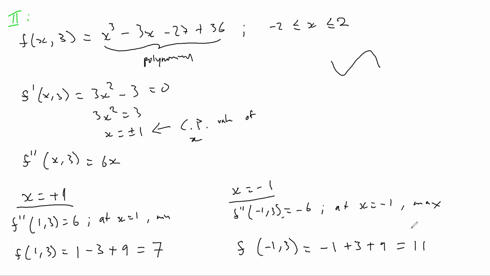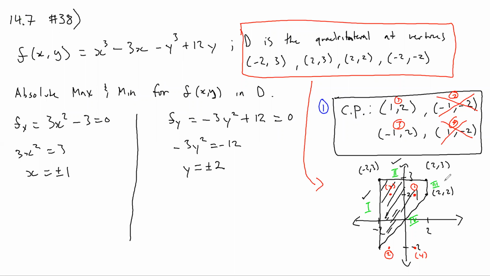Okay. So we get a minimum value of 7 and a maximum value of 11. Okay, so that is line 2. And let's look at line 3 right now.